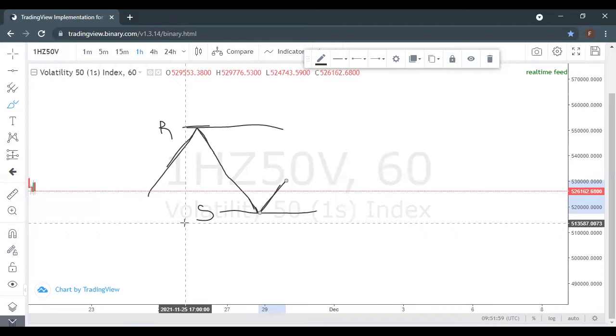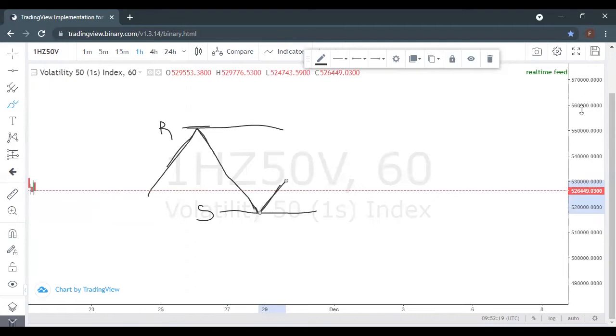But the main purpose of this session is to make people understand what is support, what is resistance, and how we use the concept of support and resistance to trade. How is it helpful to us? So yeah, this is it.